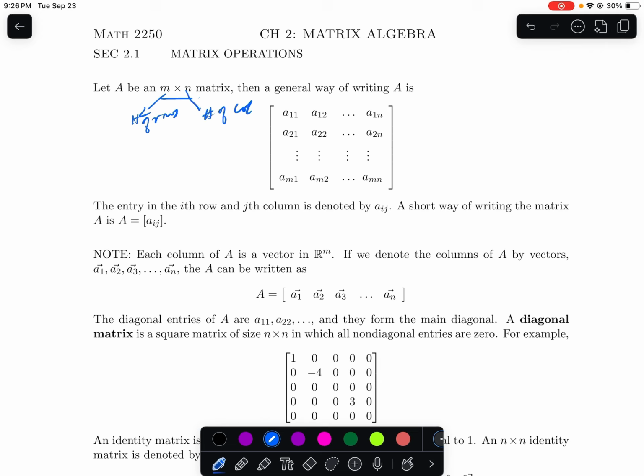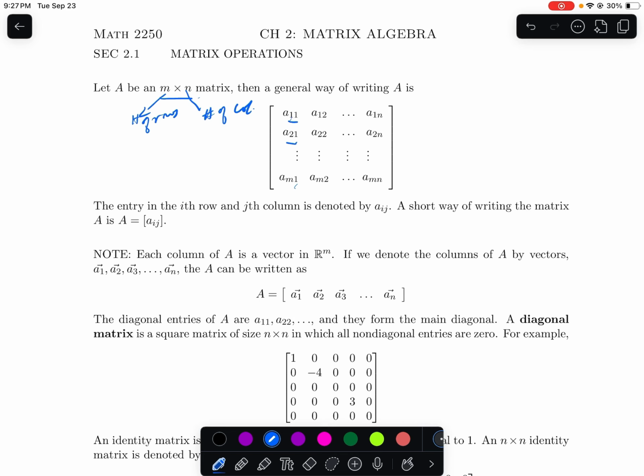So we have the first entry of the first row and first column, because remember m by n is the size of the matrix, where m is the number of rows and n is the number of columns. So always remember that when we talk about the size of a matrix, we always have to have the number of rows first and then the number of columns.